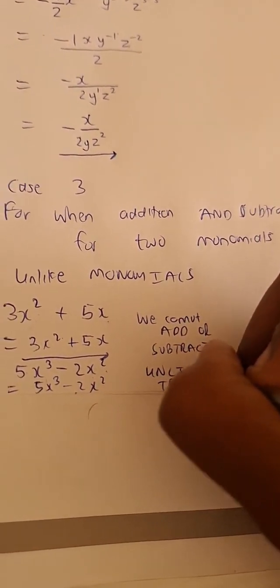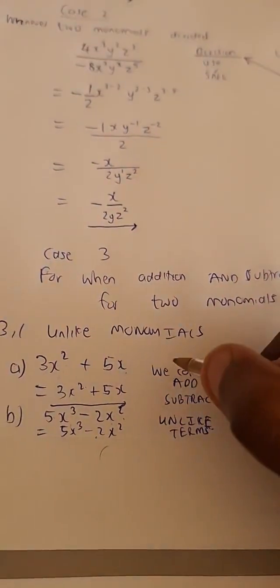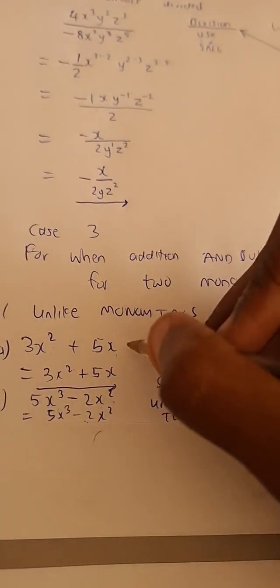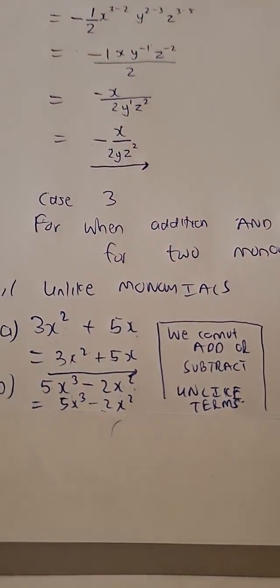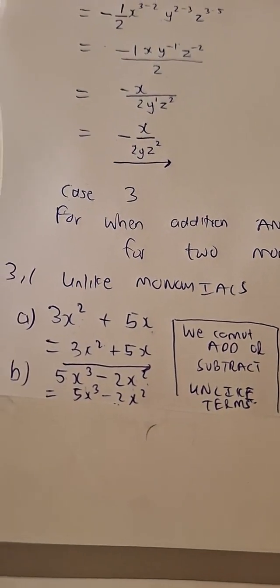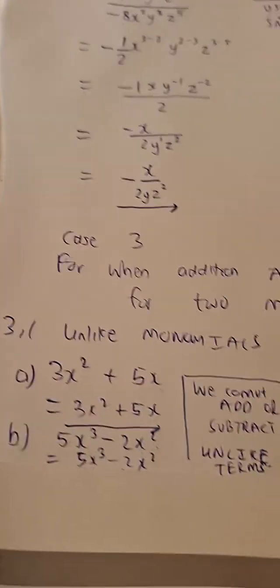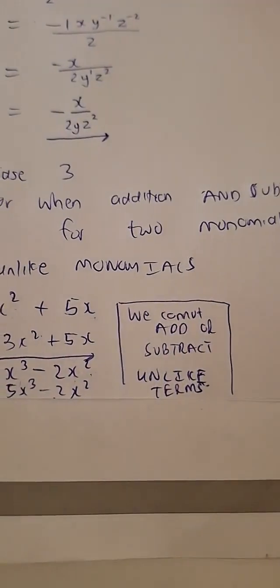It is not feasible. It is not possible. So we just make sure that we note that, and we note it without any hesitation. That's unlike terms. But let's look at these two examples.